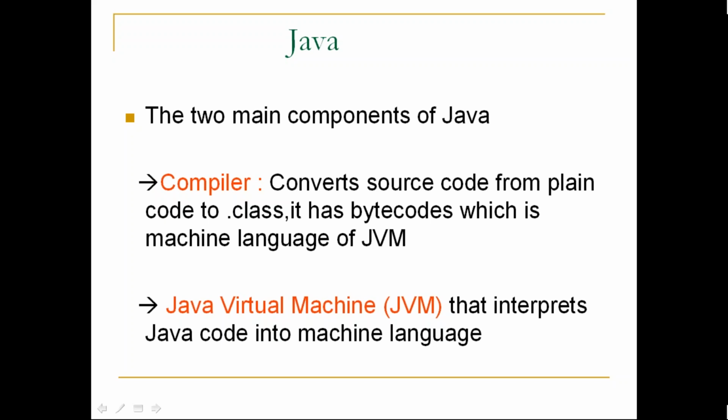Yesterday we created a class file, a .java file, and in the .java file we write code in plain English-like text, like public class something, then method something. So we write that code in simple plain language.